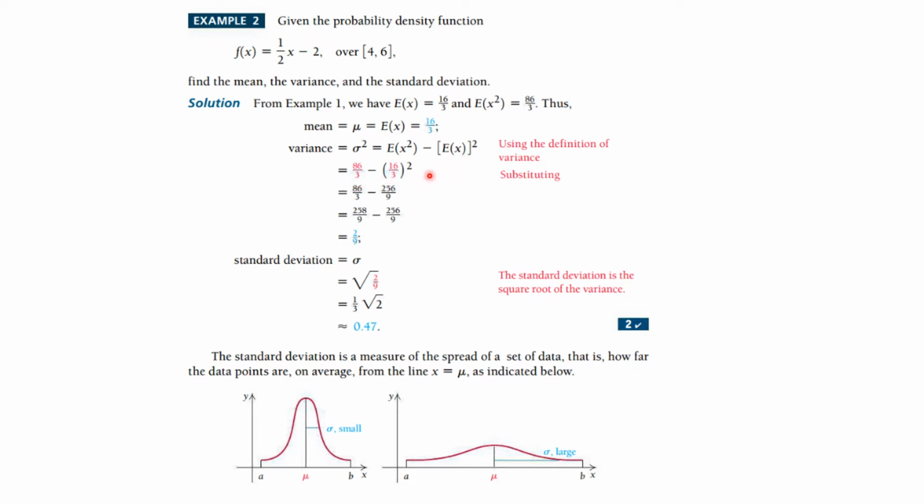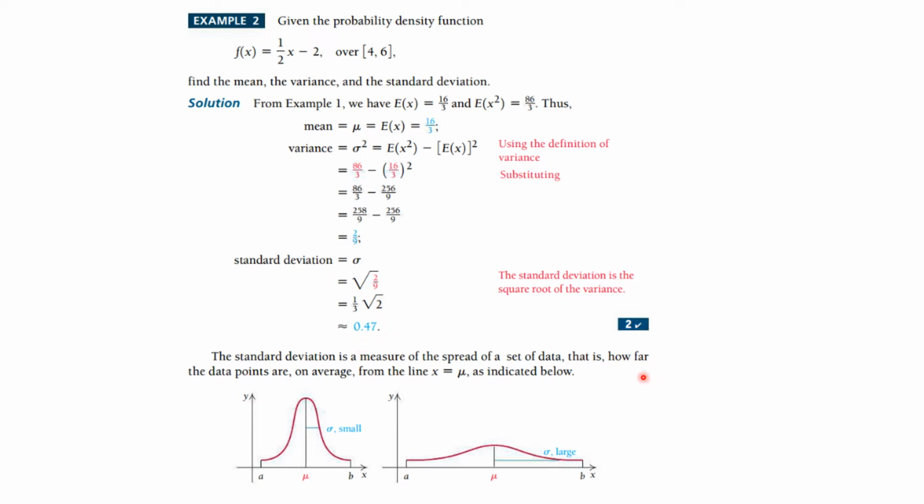We calculate that using the numbers we calculated before, and we conclude that this answer looks like it is 2/9. And the standard deviation is the square root of that. Now the square root of 9 is 3, so that is going to be the square root of 2 over 3. If you put that into a calculator, you will get this.